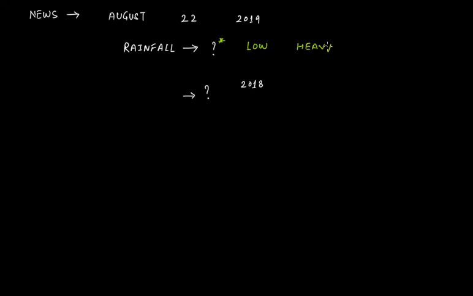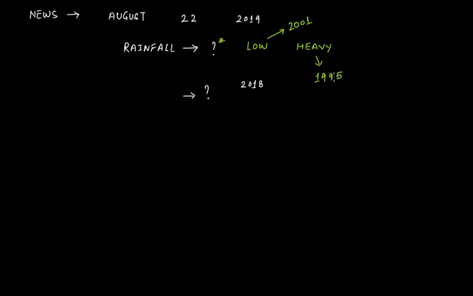And alongside that, they would tell you that this low rainfall was last experienced in, let's say, 2001. And if it's heavy, they would tell you that this heavy rainfall till the 22nd of August was last experienced in 1995.